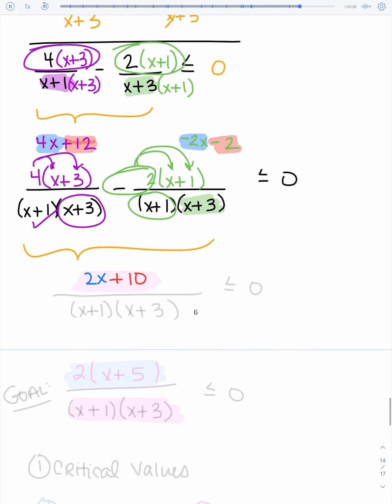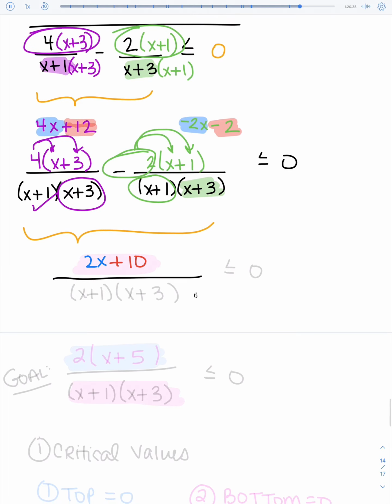And we have a common denominator. That's why we were able to add and subtract normally, but the common denominator stays the same, x plus 1 and x plus 3. The only thing you may want to check to see is if anything factors, and you do indeed have one thing that factors.